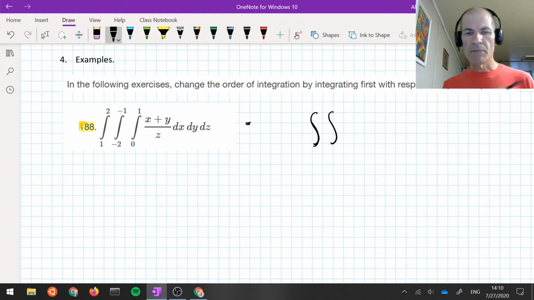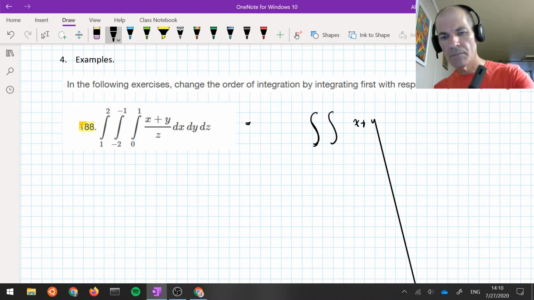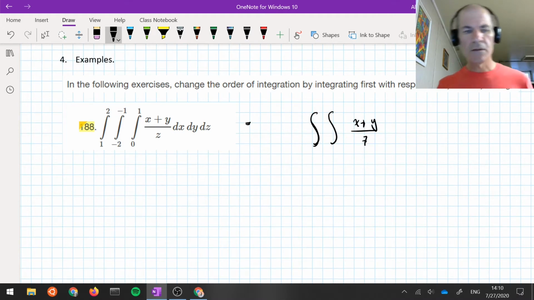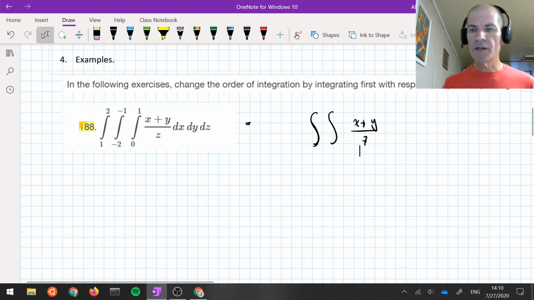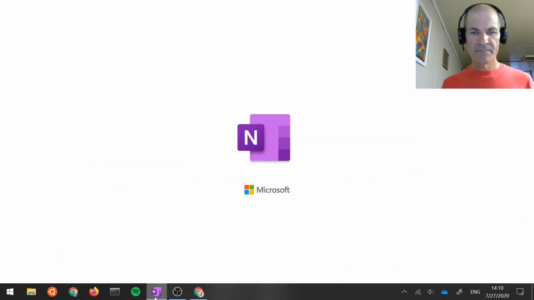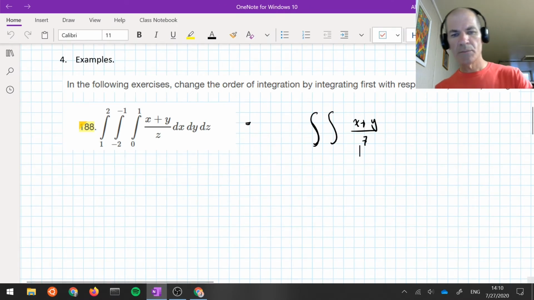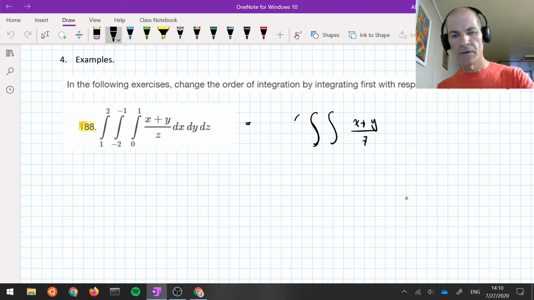For some reason, my pen is going very slowly at the moment. Hopefully it'll speed up. You know what, I'm going to close OneNote and reopen it and hope that it improves. All right, let's see if that's helped. Apparently it hasn't helped.